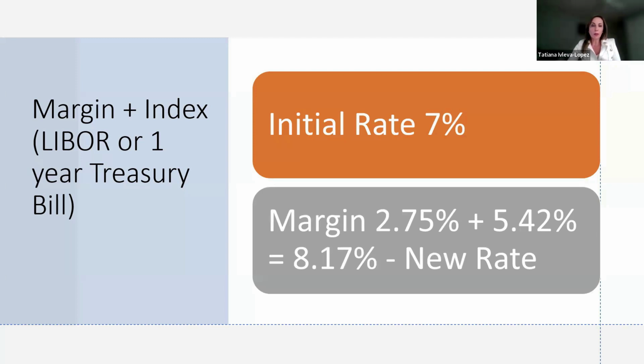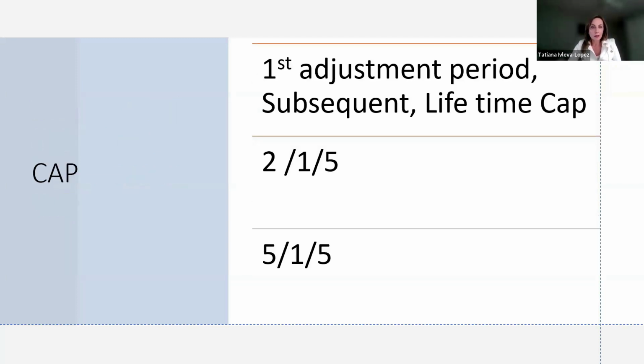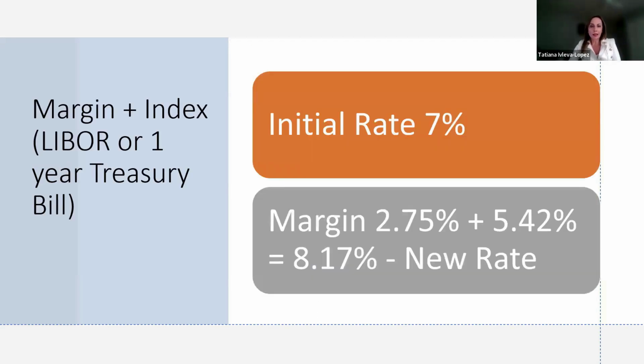And if we remember, the first adjustment period cap was, in this instance, let's say it's 2%. So 7 plus 2 would be 9, but we are at 8.17%. That actually will be our interest rate. Okay, that makes sense.